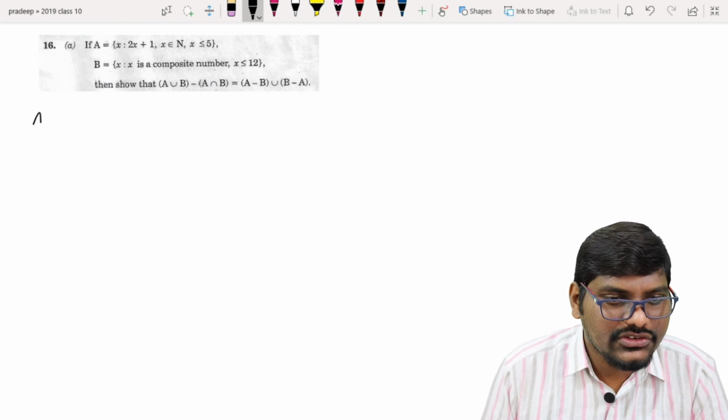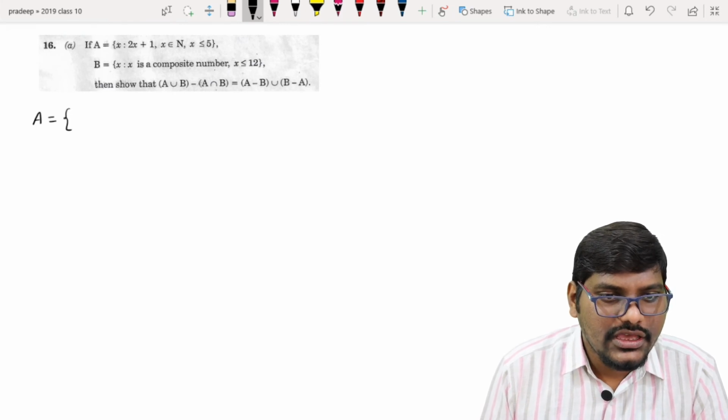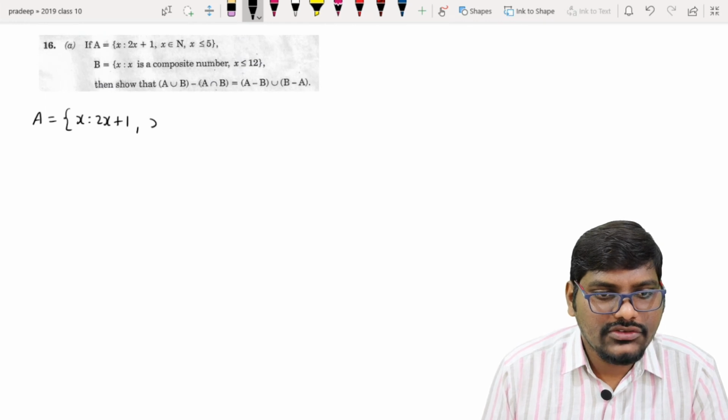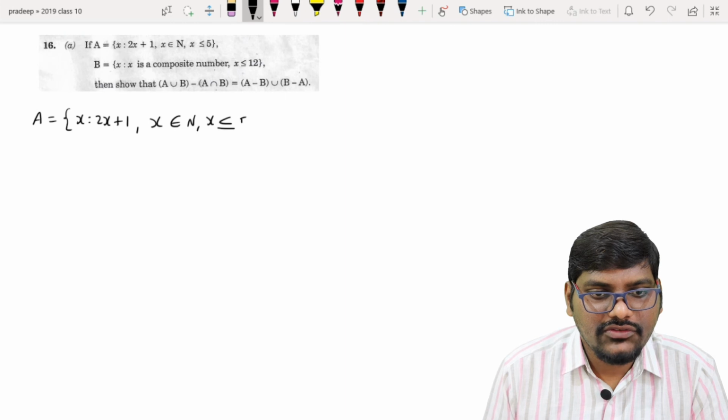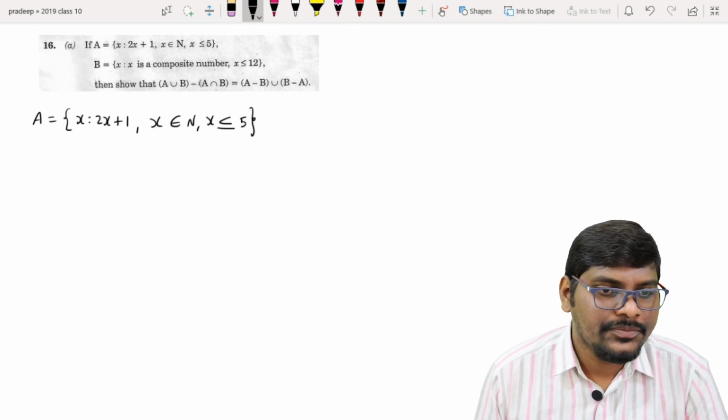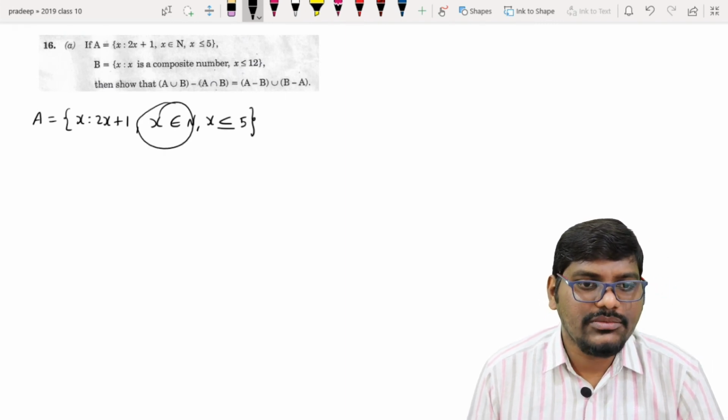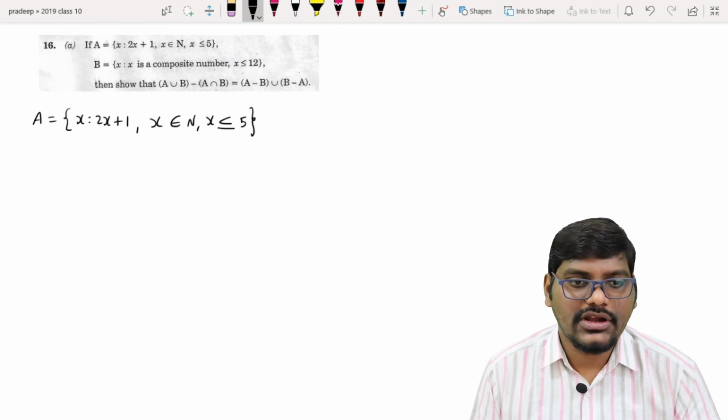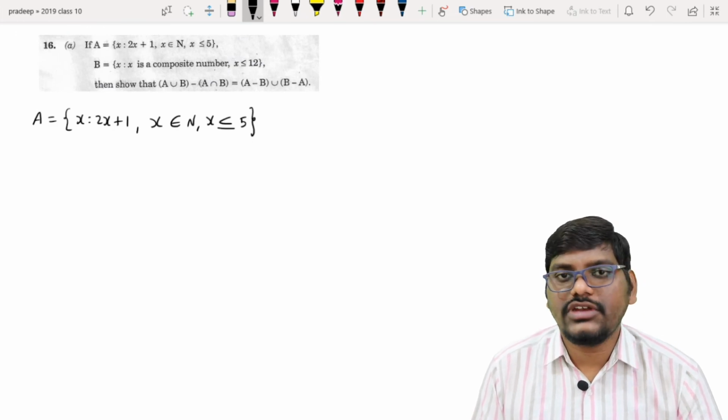So the given condition is A equals {x : 2x + 1, x belongs to N, x less than or equal to 5}. They said x belongs to N, which means x is a natural number. Natural numbers start from 1, 2, 3, 4 and so on.